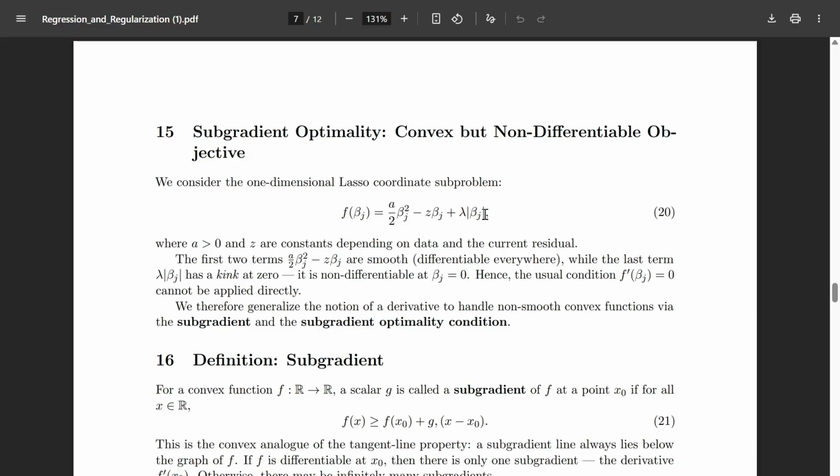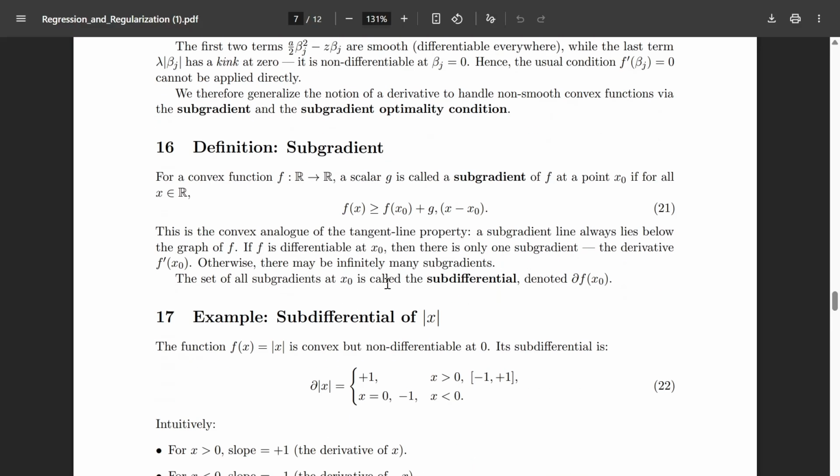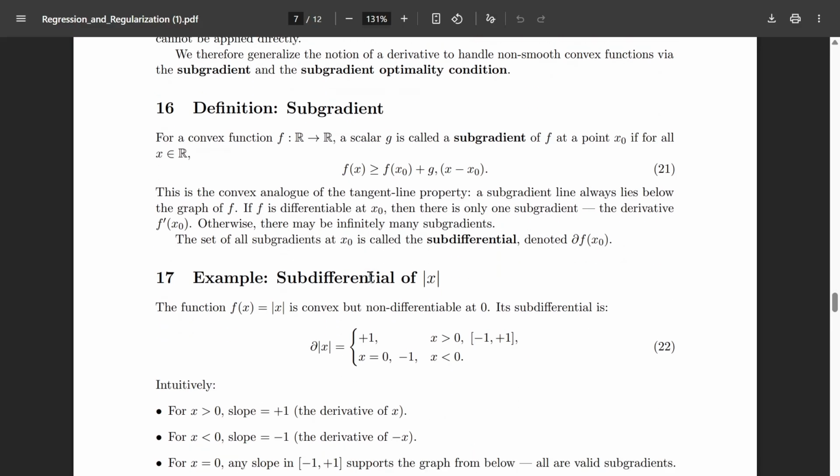So this is, for example, Lasso regression over one parameter, because you are adding an absolute value of the weight to the loss function, which means you are now trying to optimize a loss function which is not differentiable at 0. So we try to define something called a subgradient. There is a lot of mathematics going on here, but I'll tell you what exactly a subgradient is.